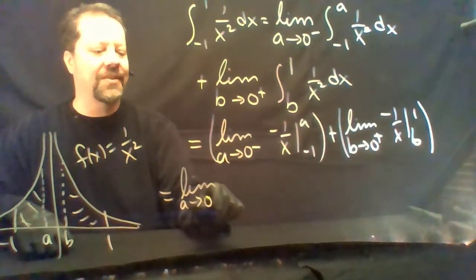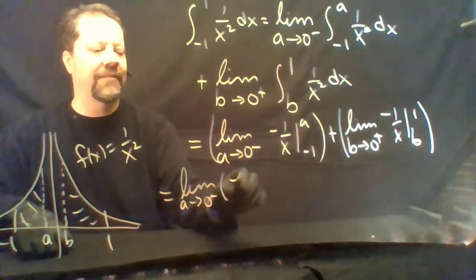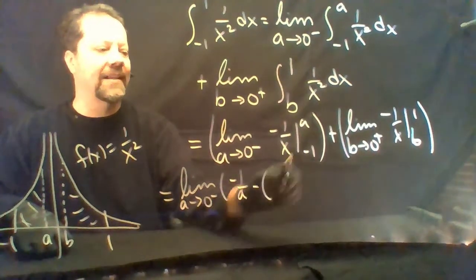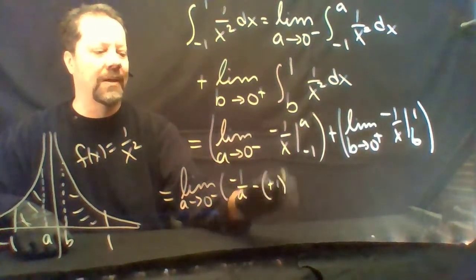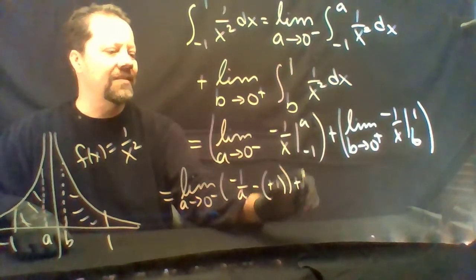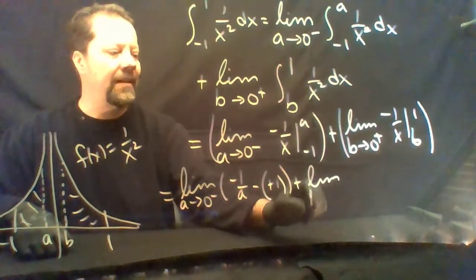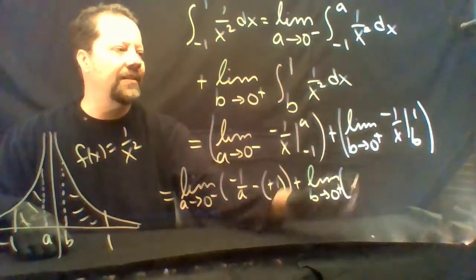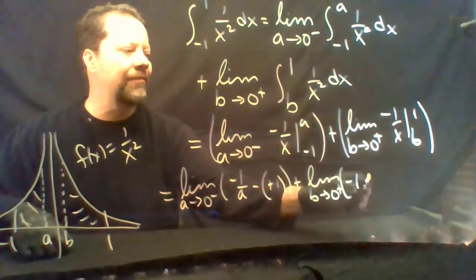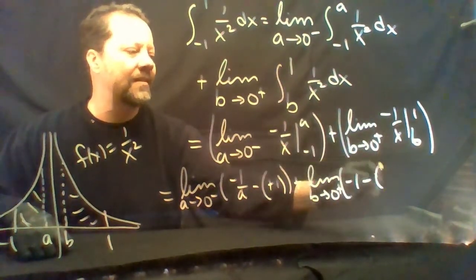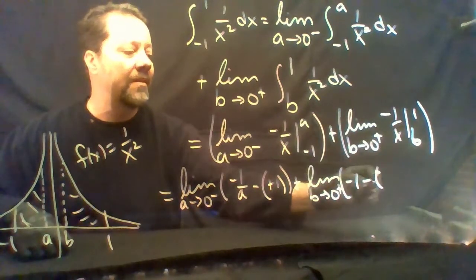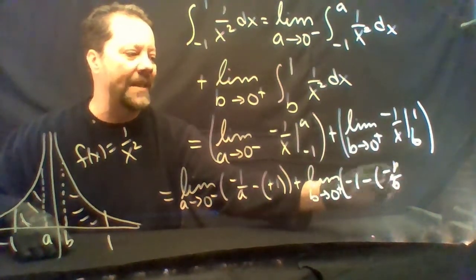That's the limit as a goes to 0 from the left. We'll have negative 1 over a minus positive 1 plus the limit as b goes to 0 from the right. Plugging in 1, we get negative 1 minus a minus 1 divided by b.